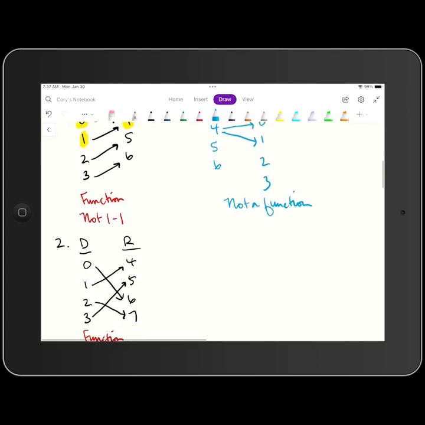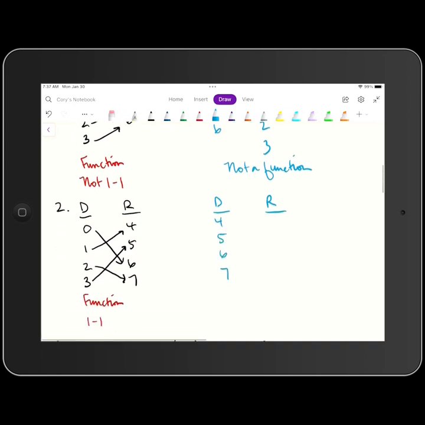Okay. For number two, if we wanted to find the inverse here, our domain would contain the values of 4, 5, 6, and 7. The range contains the values 0, 1, 2, and 3. So 4 is going to get sent to 1. 5 is going to get sent to 3. 6 is going to get sent to 0.